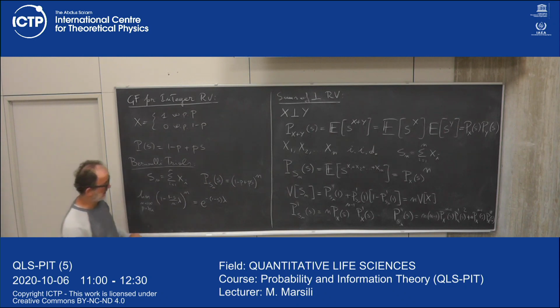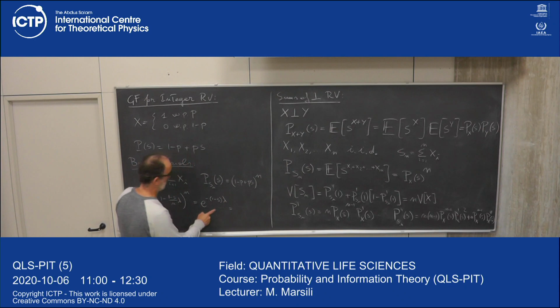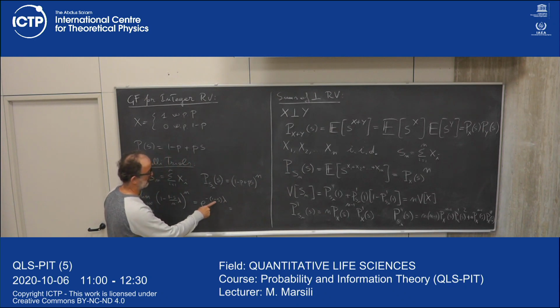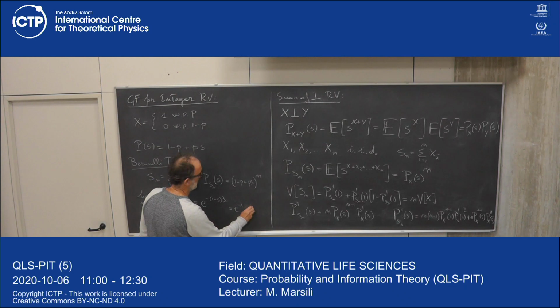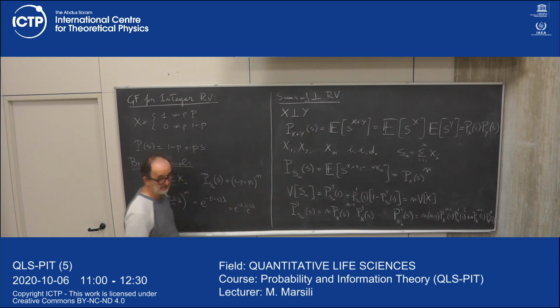Okay, and indeed, if you work out the power expansion of this, this is e to the minus lambda times e to the s times lambda. So the power expansion of e to the s times lambda, we know it very well.